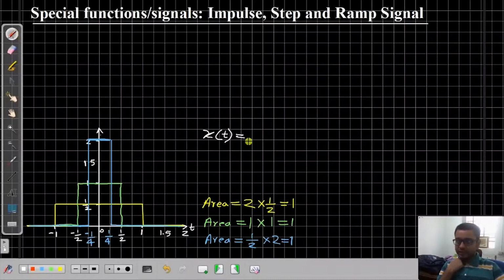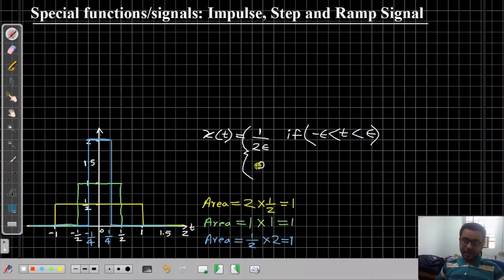Let me write it this way: xt is equal to 1 over 2 epsilon if time is less than epsilon and greater than minus epsilon. Within this region, the height of the signal is 1 over 2 epsilon.